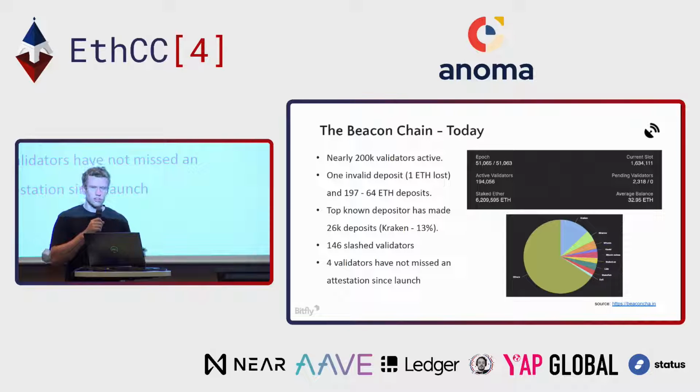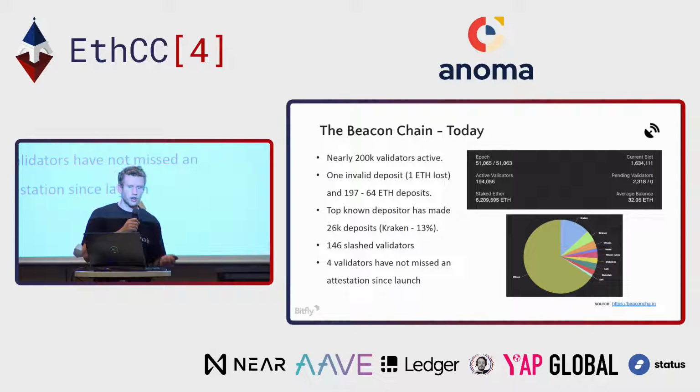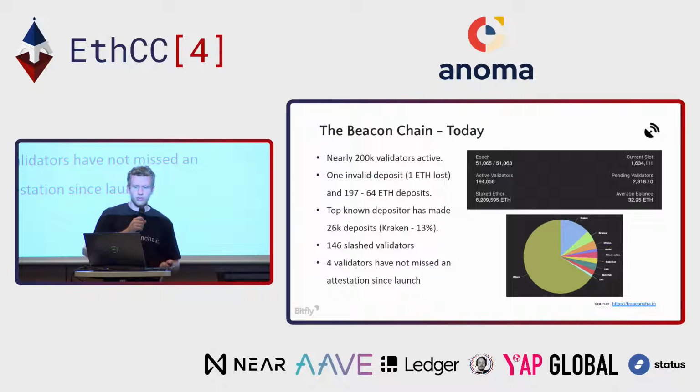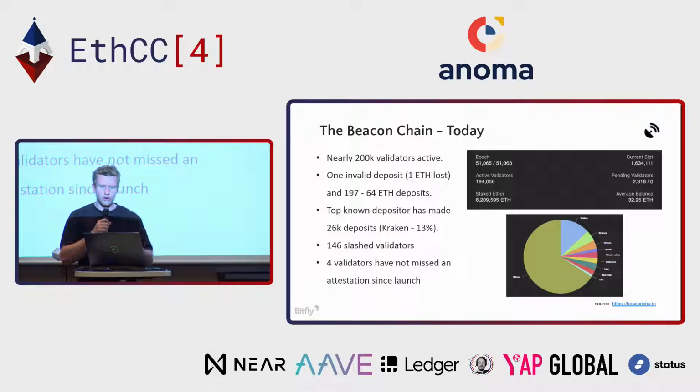So the confidence in this beacon chain project has increased tremendously, especially with all the staking pools that joined. And in total, there has only been one invalid deposit where 1 ETH was lost. So if you go through the launchpad and you want to deposit the funds, the launchpad does the signing for you. But if you try to do it manually and something goes wrong, the ETH can be lost. And overall, around 200 people deposited too many funds.